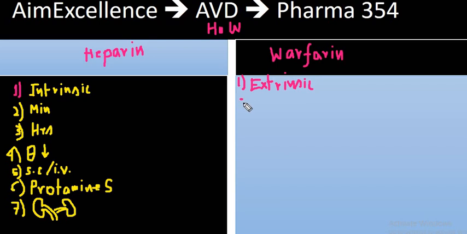And it takes time, around hours, to show its action, but the action lasts for days. So it is लंबी रेस का घोड़ा.